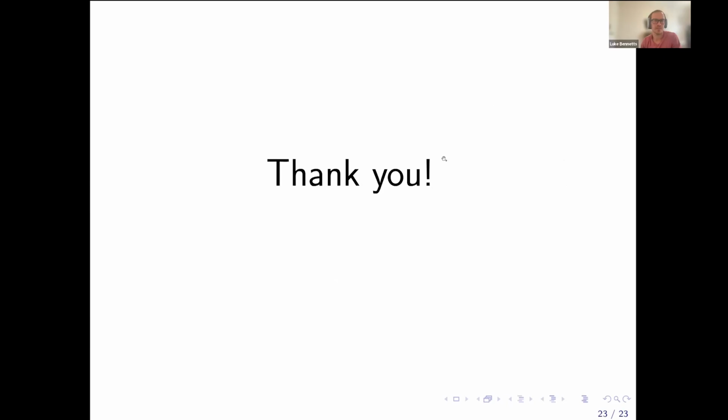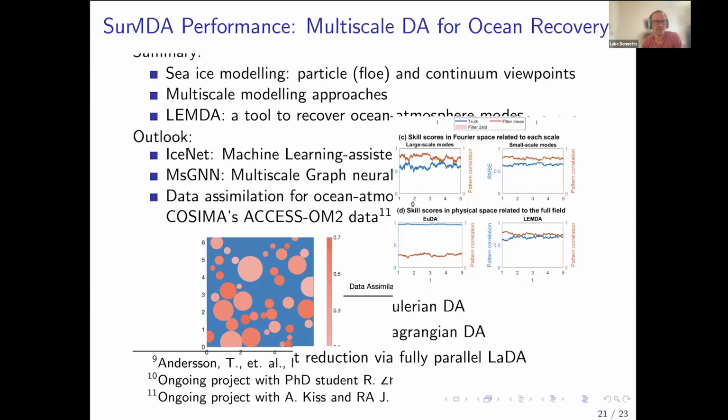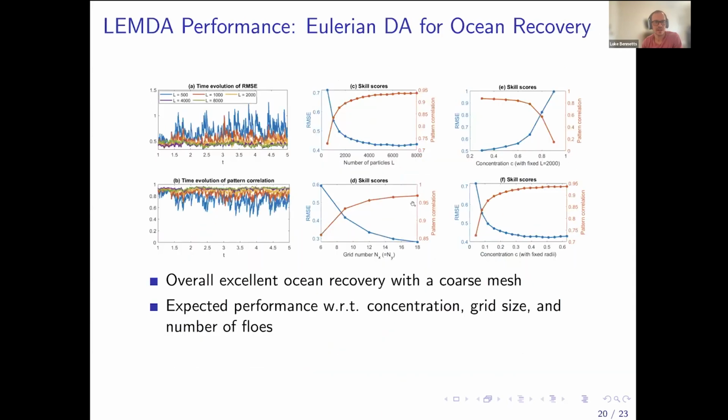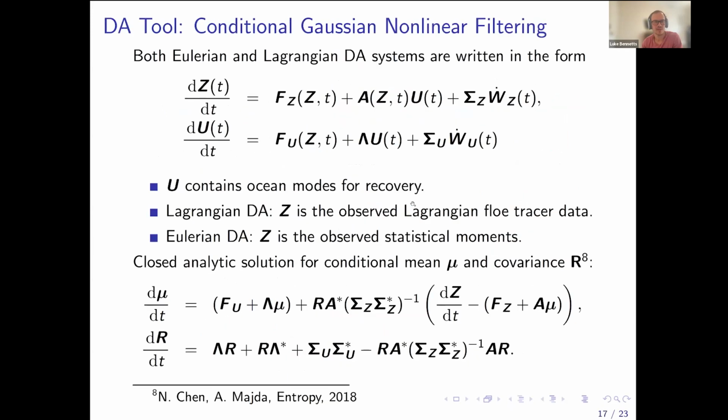I'm happy to ask a first question if no one else wants to. Regarding the model that you developed in the first half, can you identify a rheology for the continuum model from your multi-scale approach?